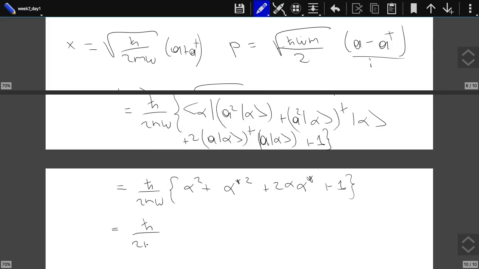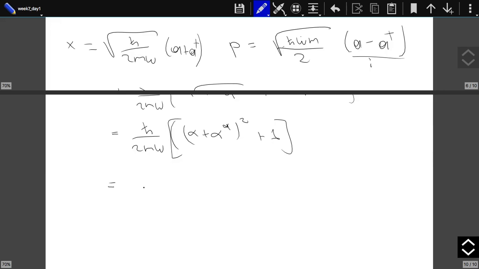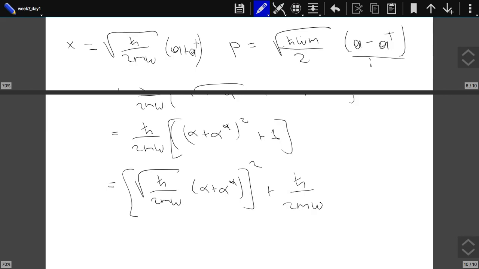This is equal to h bar over 2m omega, alpha plus alpha star squared, plus 1. This is equal to h bar over 2m omega times alpha plus alpha star squared, plus h bar over 2m omega. This is the average of x squared in this alpha state.